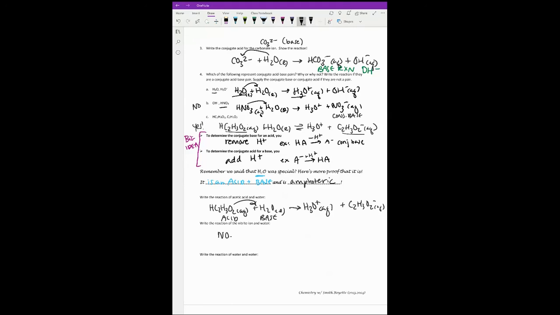However, if we have a nitrite ion reacting with water, nitrite being a base will force H2O to act like an acid, and it will actually donate a proton to the nitrite ion.